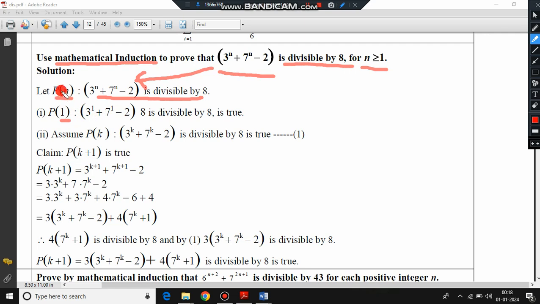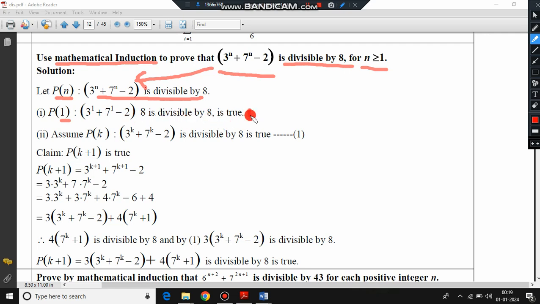So in the place of n here, you put 1. You will get 3 to the power 1 plus 7 to the power 1 minus 2. Let me calculate: 3 plus 7 is 10, 10 minus 2 is 8. So 8 is divisible by 8.